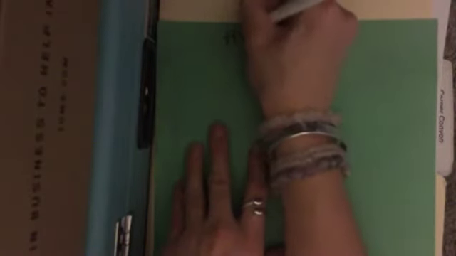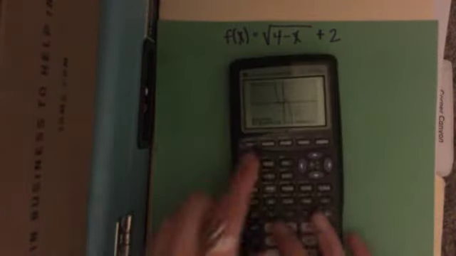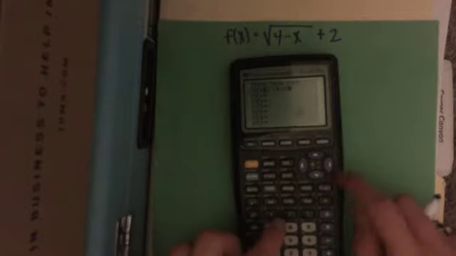So if we have f of x equals the square root of 4 minus x, plus 2. Let's graph that. And we're doing the same exact things that we were doing. So 4 minus x, close that, plus 2.